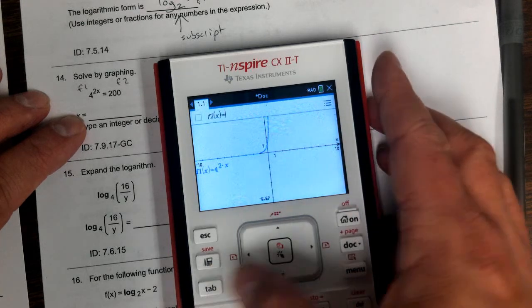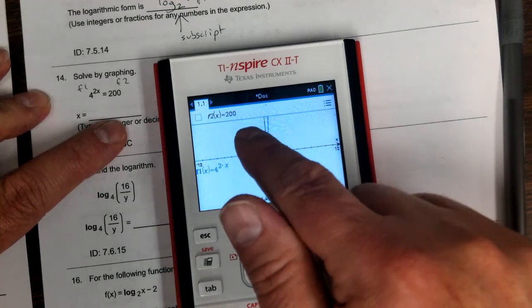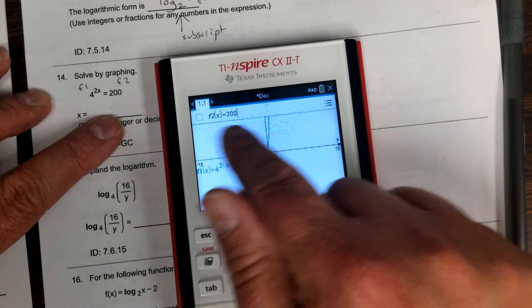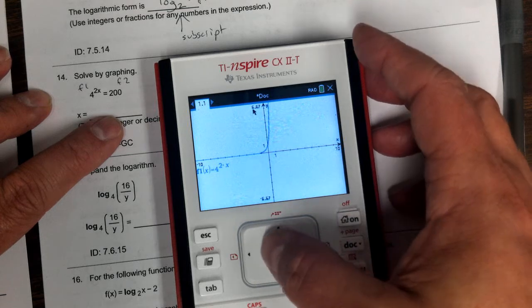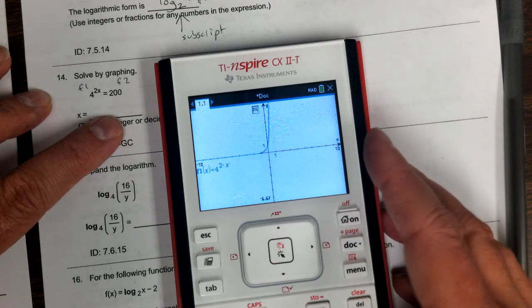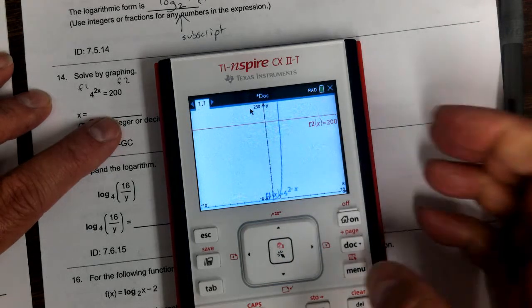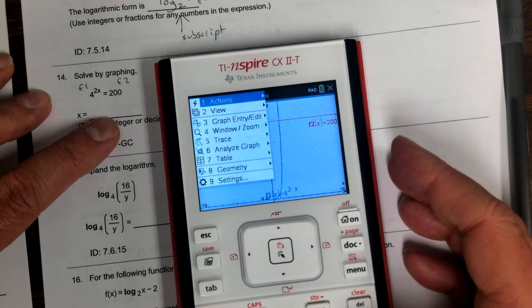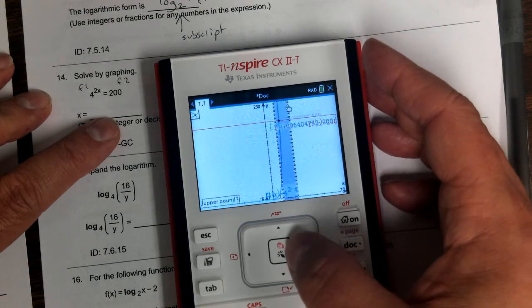I'm pressing tab and then going to F2 and pushing 200. Now remember, this would just be a horizontal line with 200, which is not visible yet. So you can double click this, or you can change your Y max to like 250. And so there you can find your intersection. Analyze graph intersection between here and here.